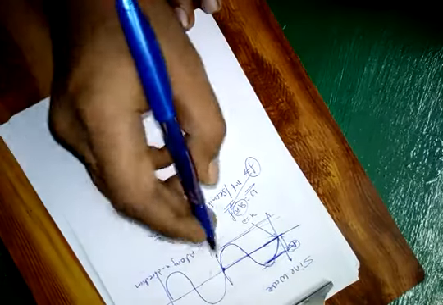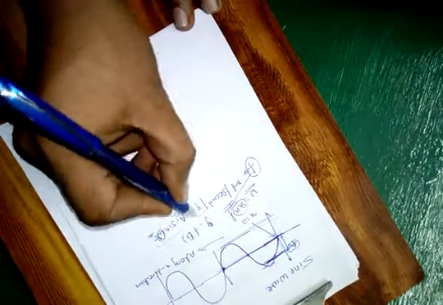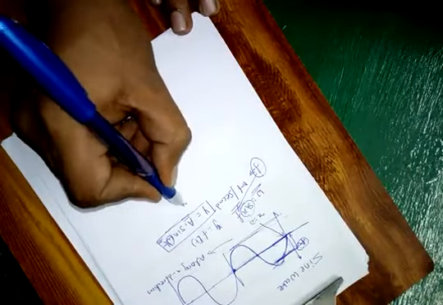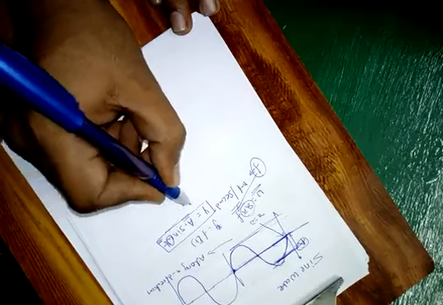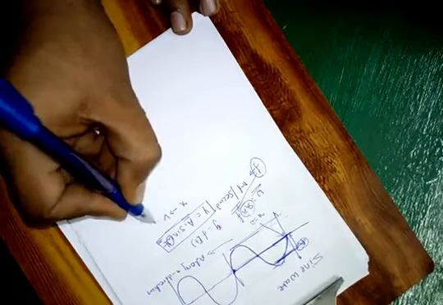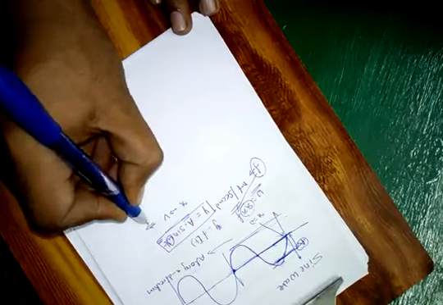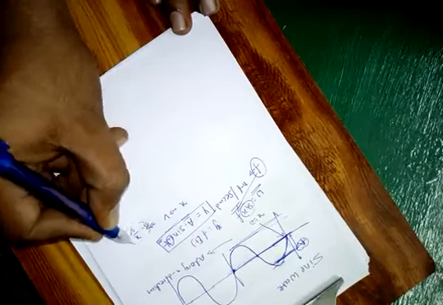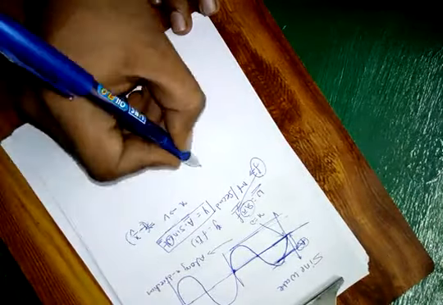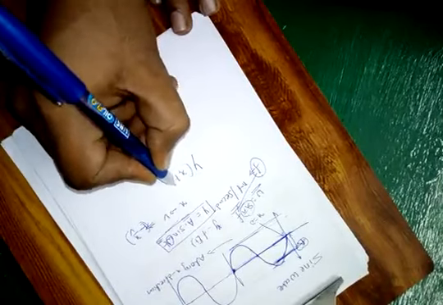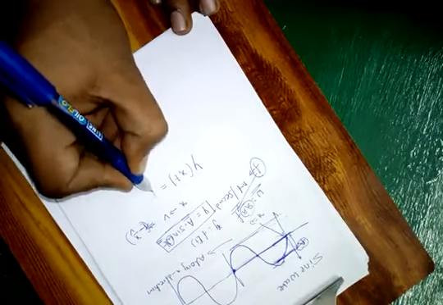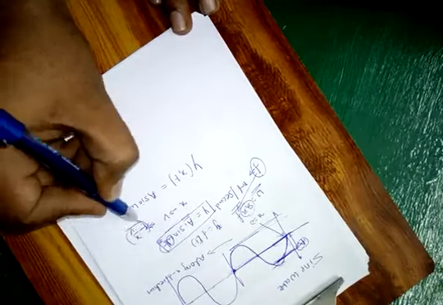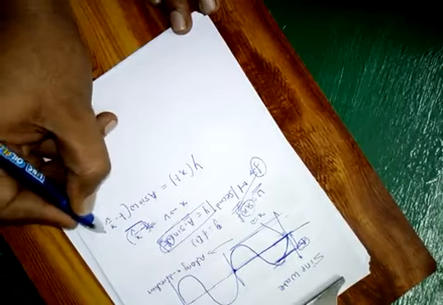So this is the time representation. At any time, what is the value of the sine function? But our function depends on both time and x. We know that if it travels some distance x with velocity v, t has to be replaced with t minus x by v to get the equation at that time. So we can write the function at x comma t as a sine omega into t minus x by v.